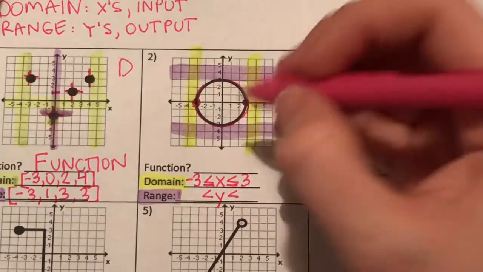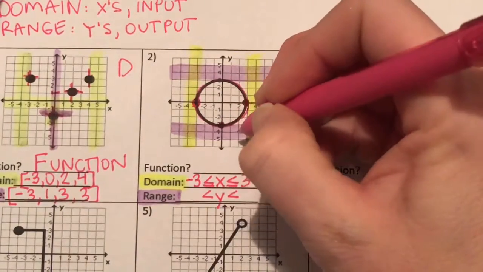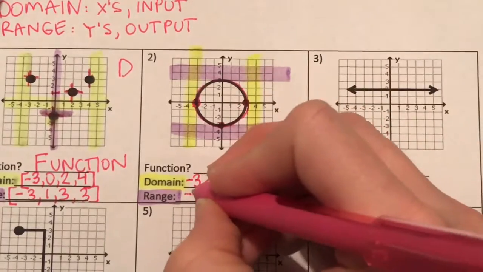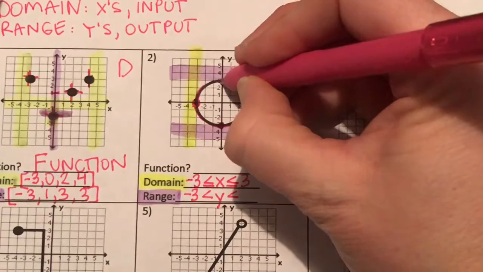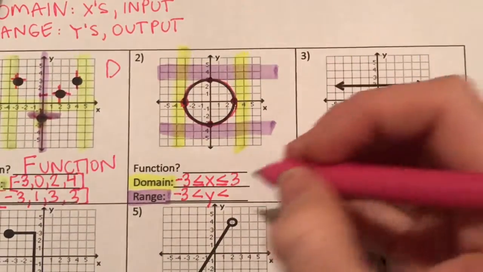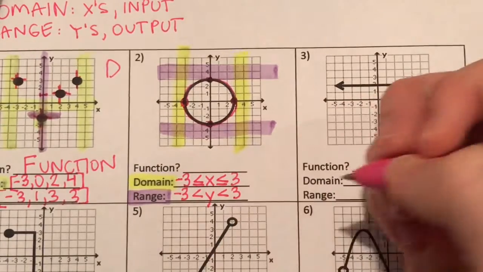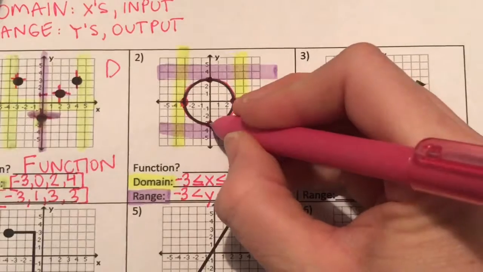So if I look at it right here, the Y value is at -3. Okay, and then my Y value for the top of this is at 3. And then to make sure that I have my signs correct, this is hitting that line.